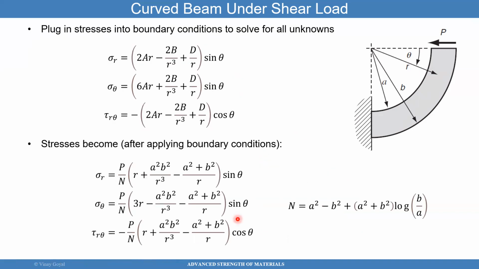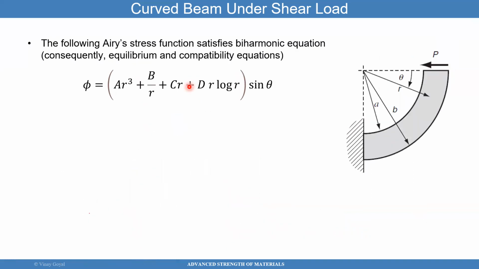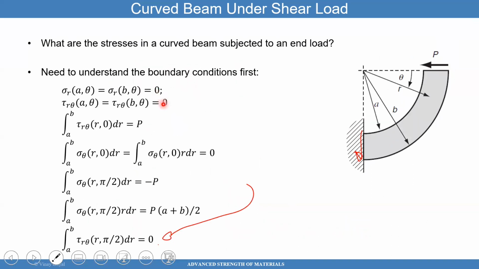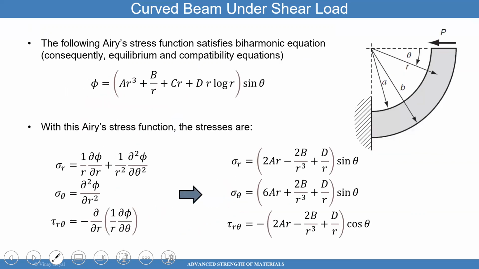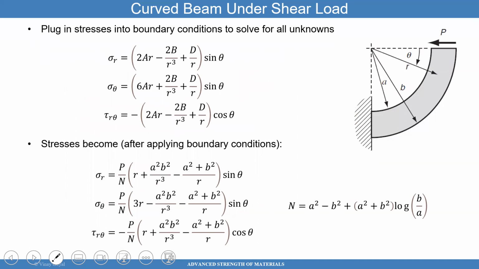It turns out that when you actually solve it and you apply all these boundary conditions, there's many of them. Remember, 1, 2, 3, 4, 5, 6, 7, 8. There's like 10. But some of them become redundant, it turns out. And when you apply the boundary conditions, you can solve for A, B, and D, and the stresses become this formula that you see here.